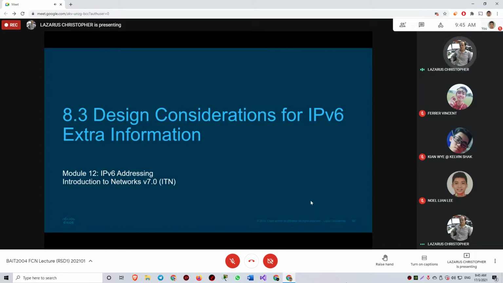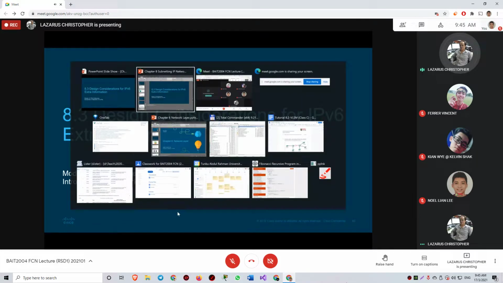So this is the thing they did not want to have for IPv6. But some people still think that we still want to hide our network, so therefore it may still be a good idea.